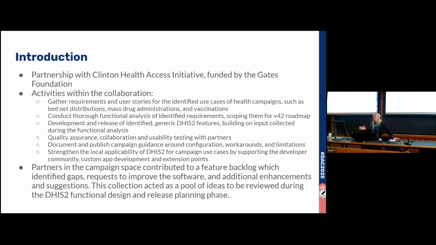We wanted to do all of that for the campaign use cases and then scope them for the 42 roadmap. And then develop and release these identified but generic DHIS2 features, building on input that we collected. In addition to this, we also do quality assurance, collaboration, usability testing, and early adopter user feedback with partners.